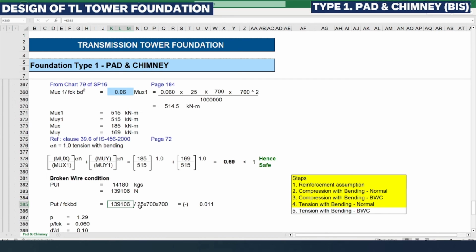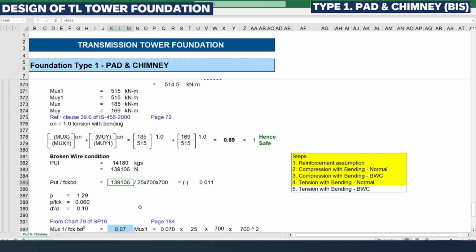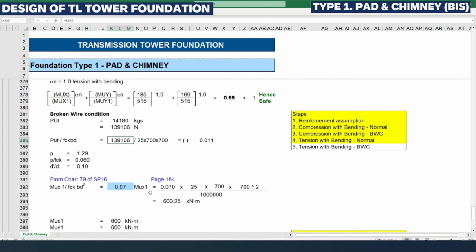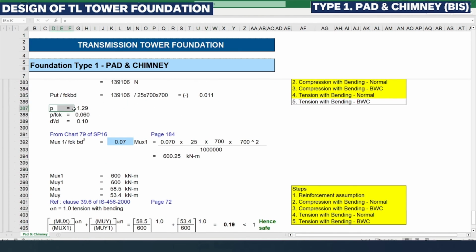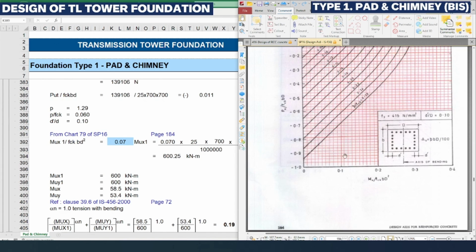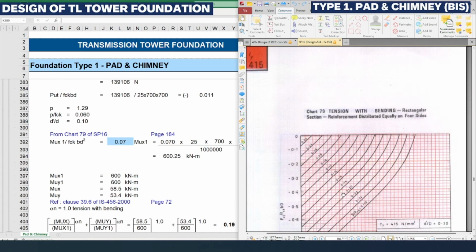Pu by fck bD we need to calculate as per the chart requirement. So 25 megapascal into 700 mm square as the bD value. So here it is 0.011, and that p by fck and d' by D remain the same. So with respect to SP16 chart 79, again we need to check for 0.01.